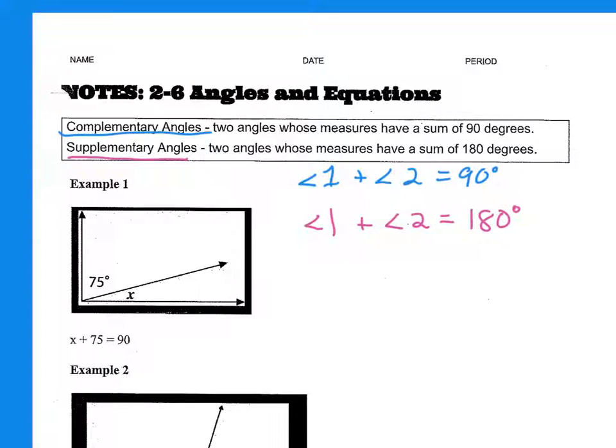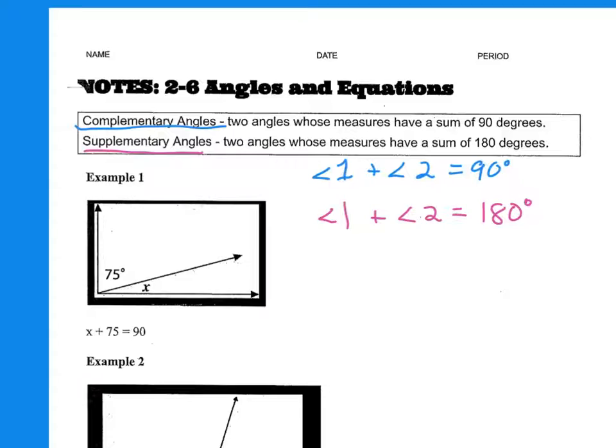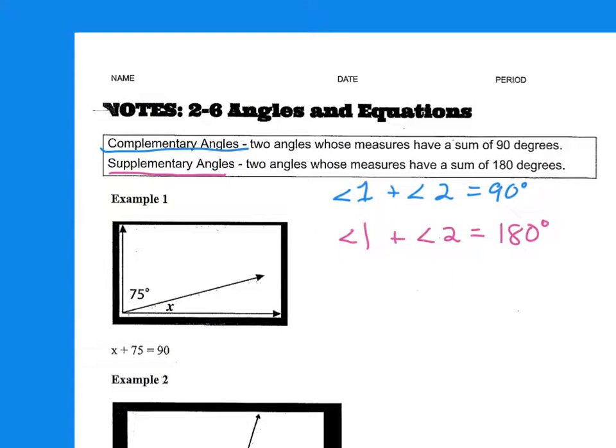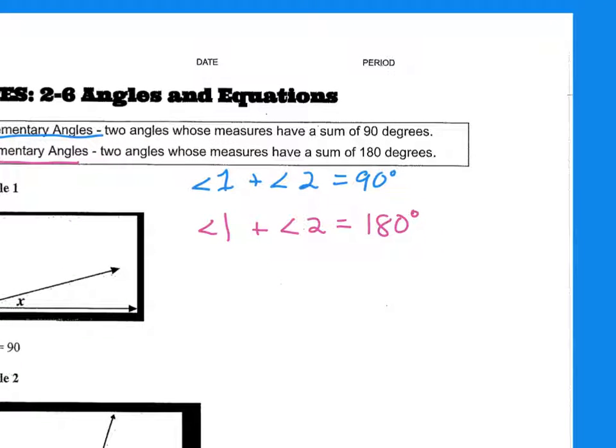So it's always going to be 90 or it's always going to be 180, for complementary or supplementary. Complementary angles are those right angles, which I know you guys have seen, because a right angle is 90 degrees. A supplementary angle looks like a straight line.